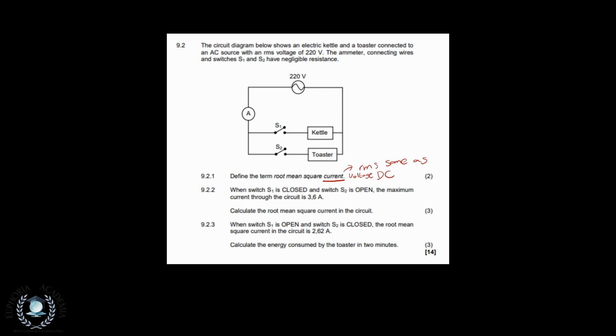All right, cool. So let's understand what's happening in the circuit. The current moves from the AC source, then is going to be split up, one part into the kettle and the other through the toaster. It's not really that complicated compared to what we had before.